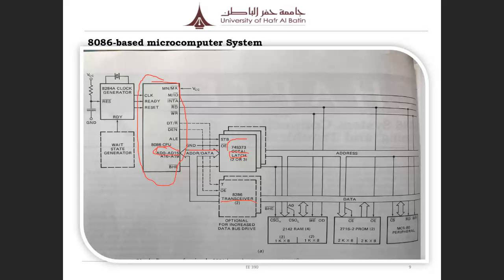You can see this address data bus is connected here, and also connected to the transceiver. The latches are connected to the control signal ALE, and the transceiver is connected to the control signals DEN bar and data transfer/receiver. So the output of the latch is only address information, the address bus, and the output of the transceiver is only the data bus.